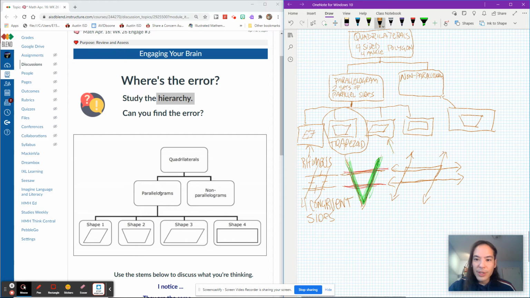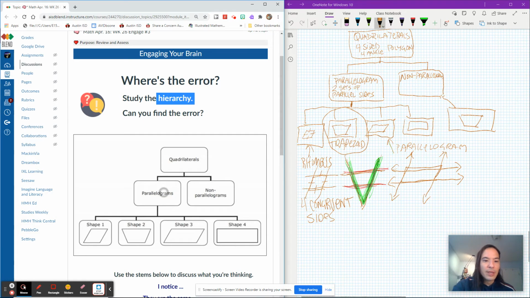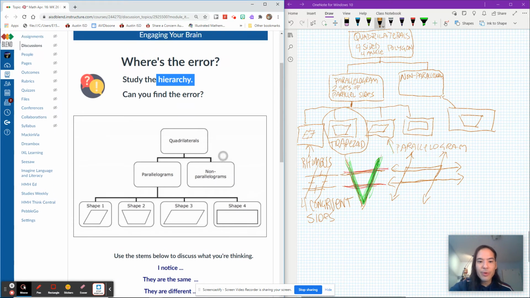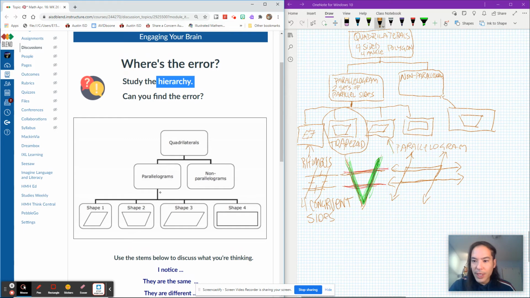So this one is just a parallelogram, which is okay. It fits under our parallelogram umbrella right here. So everything that comes off of this should be a parallelogram. Shape 1 is, shape 3 is. Let's check shape 4. So shape 4 was a rectangle.